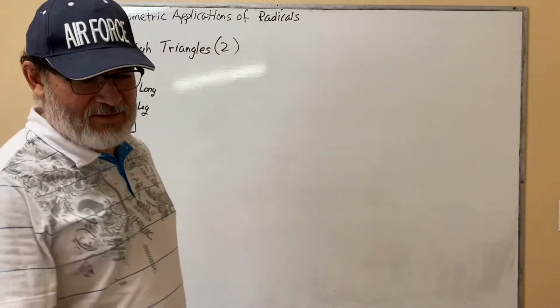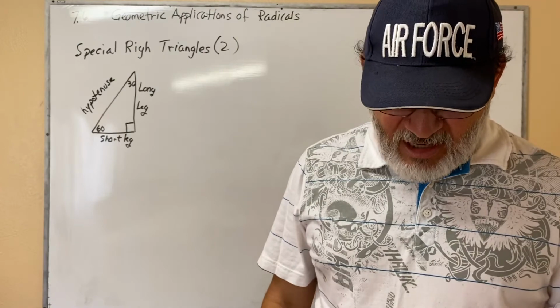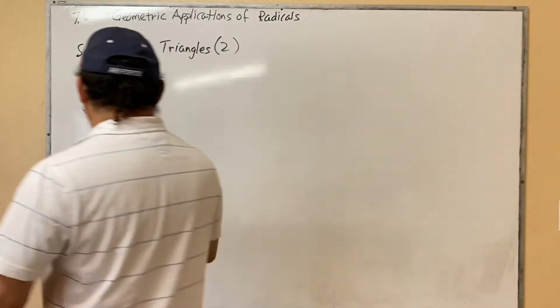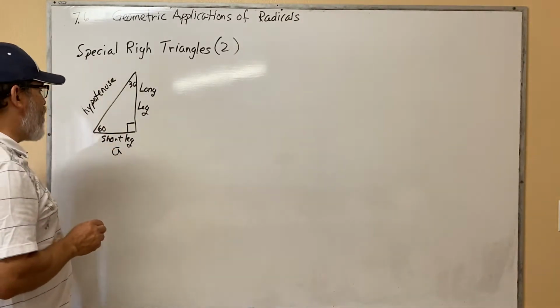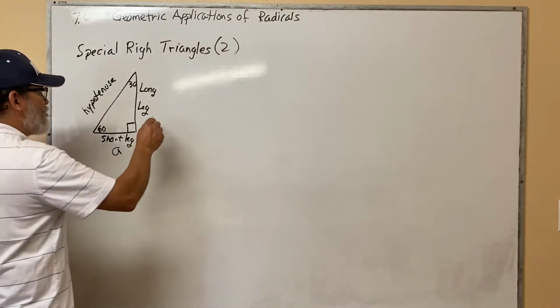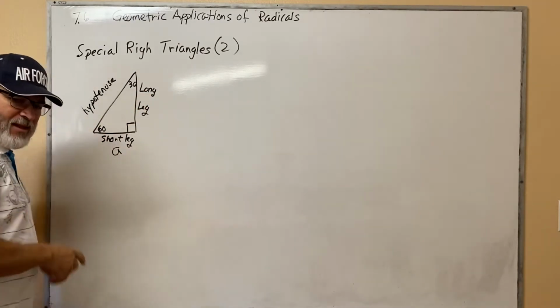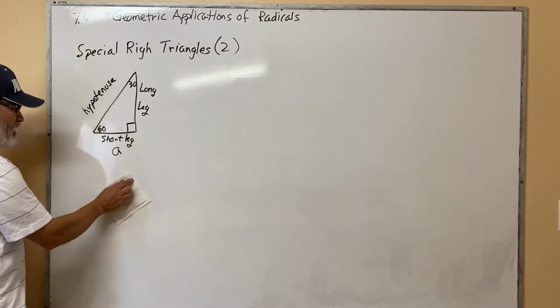Okay. So, this is what they say. Let's call the short leg A. Let's call the long leg B. This is the long leg, we're gonna call it B, okay? Let me erase this, because you guys already know which one is the short leg and the long leg.